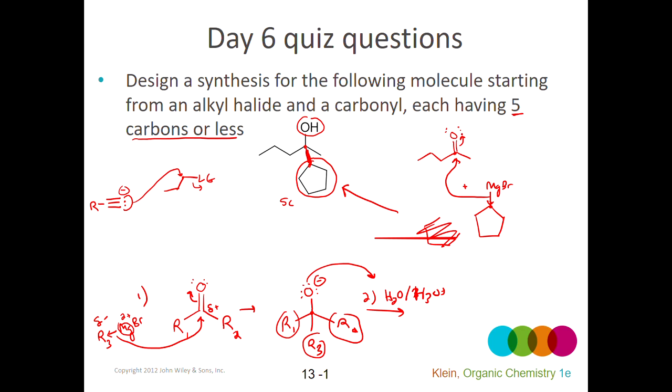It's just that the oxygen will be negative. So after I do that, I'll need a second step where I use H3O plus and water to provide the proton for that oxygen to become protonated. So that's your best bet for that solution to that particular problem.